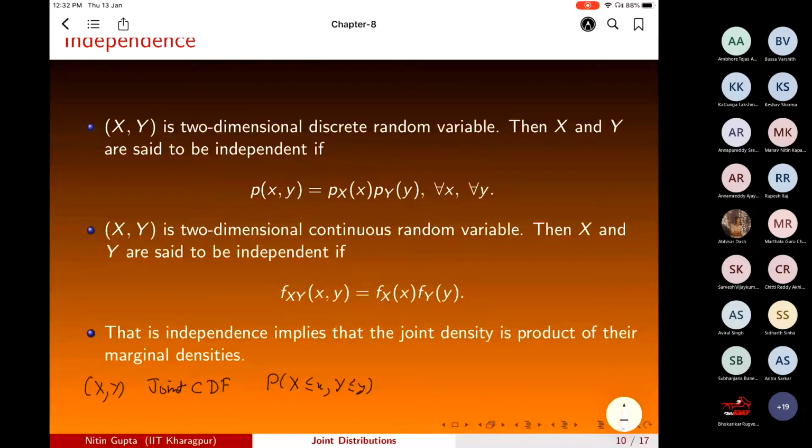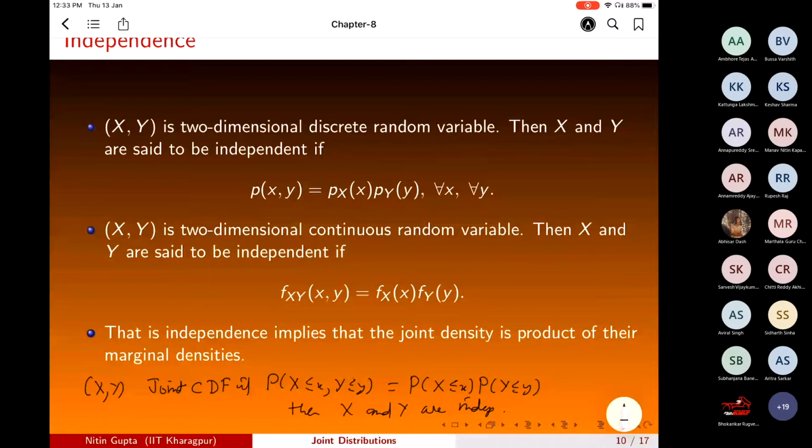Okay, so if this can be represented as probability x is less than or equal to small x, and probability y is less than or equal to small y, if this happens, then x and y are said to be independent.